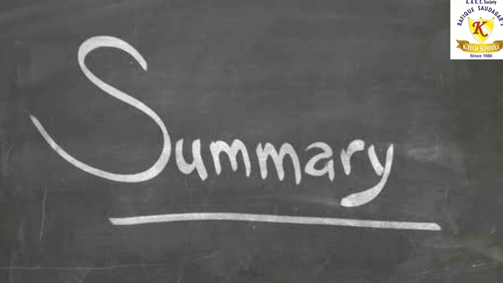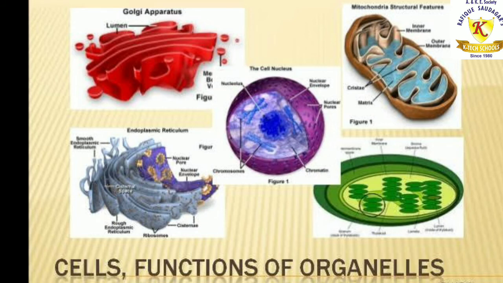So children, let's quickly summarize today's topic, what we have learned. We have learned of various cell organelles such as Golgi bodies, mitochondria, nucleus, endoplasmic reticulum and chloroplast, their functions and the importance of them. I hope you all have understood these cells and cell organelles.